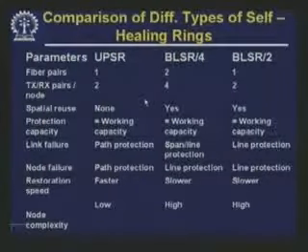So, comparison of different types of self healing rings. What do we mean by self healing? What happens is that the nodes, these ADMs and the SONET gears, are programmed in such a fashion that as soon as they sense a failure, they know what local action to take and how to adjust the switch internally, so that it automatically switches from the working fiber or working span to the protection side.